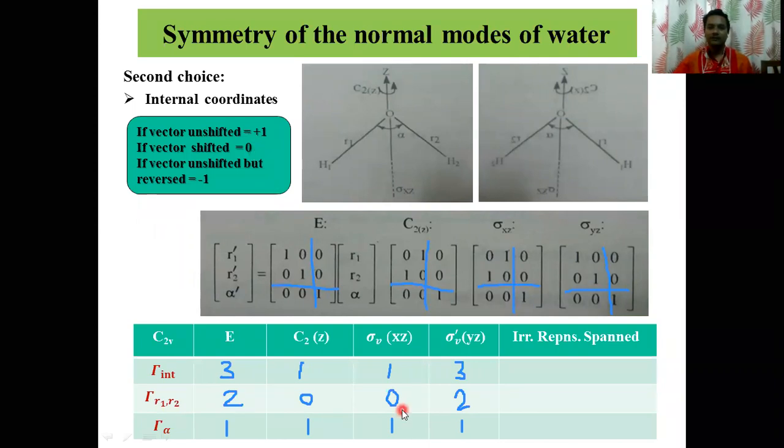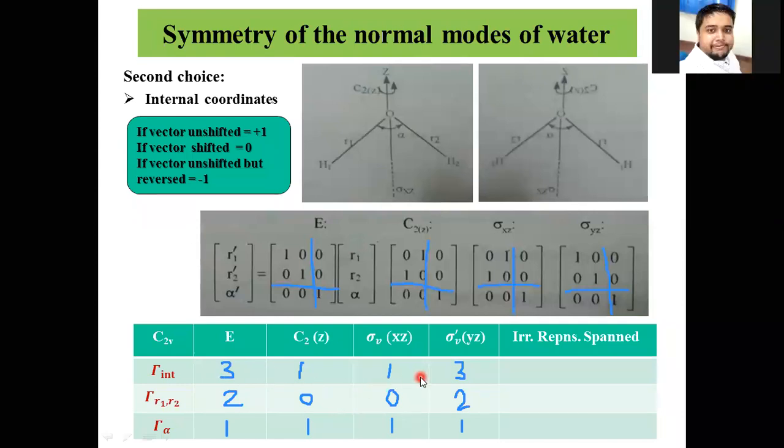So what I am trying to convince you is that we have done it correctly, using either matrix representations or the vector unshifted rule, right? So now what we have to do, like the previous one, is that these are the total representations.